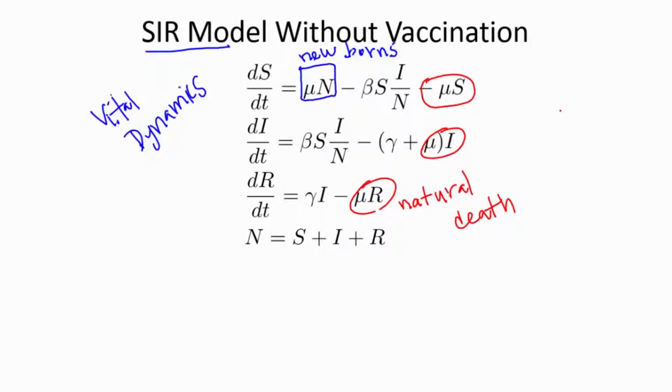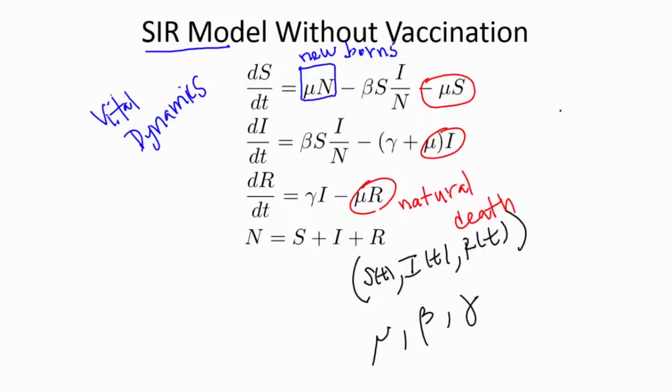The other thing to remember is that the total population here is denoted by N. N is the sum of S plus I plus R. Here we have state variables S of t, I of t, R of t, right? So there is a vector with state variables, and the parameters, there is mu, there is beta, and there is gamma, right?